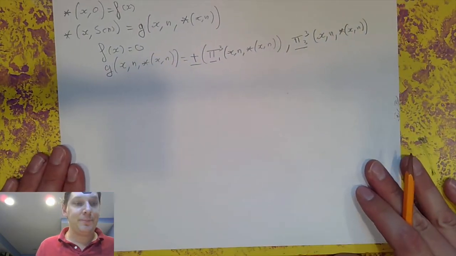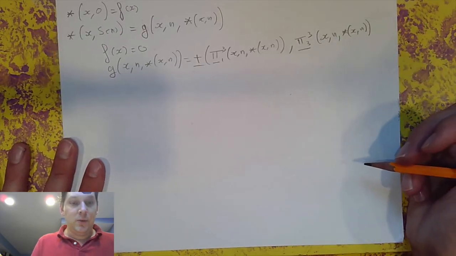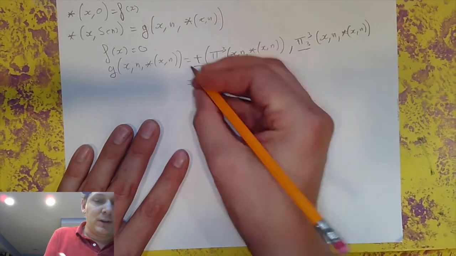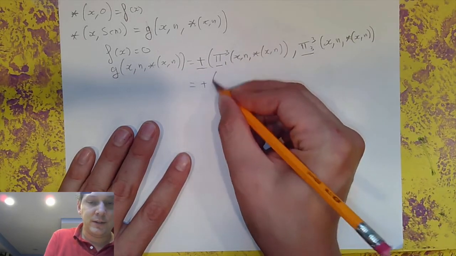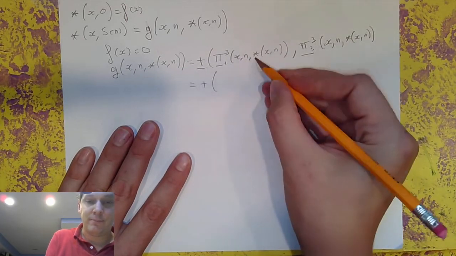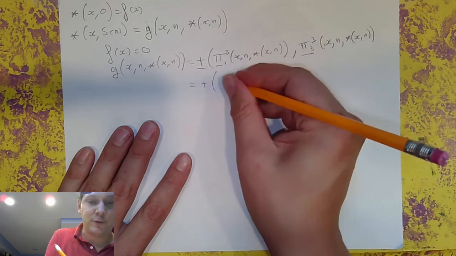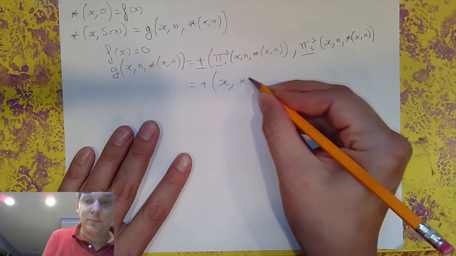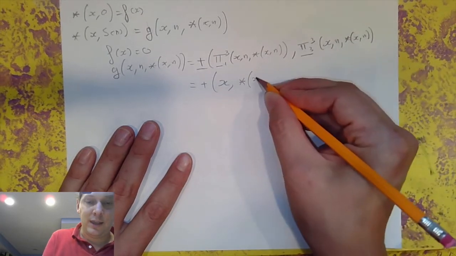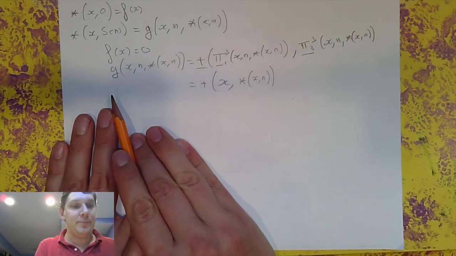So basically, what am I saying here? I'm saying, well, G basically is the addition of the first piece, which is X. When I do projection, I'm just deleting all of these and just keeping the first one. Addition of X and the multiplication x n. So that's what it is.